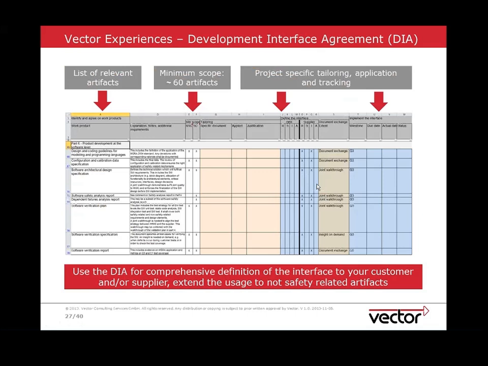We're too late. The question came on the table, who has to deliver which kind of document, or who has to do which kind of analysis, or who has to do which kind of verification, validation activity. That, of course, is much more at the level of integration, where it's getting really costly.